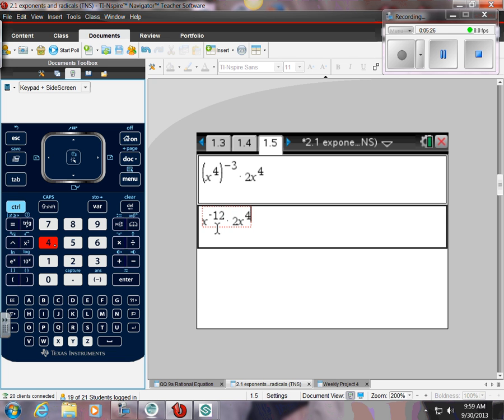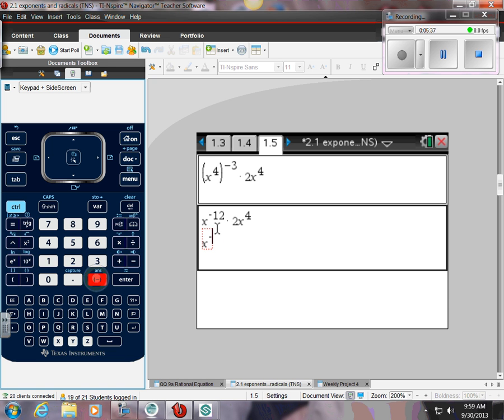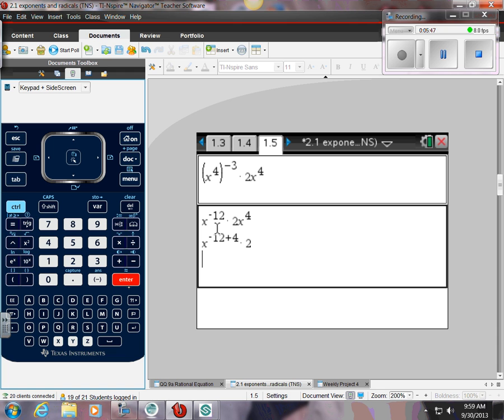Good. Well, let's finish what we have there, and then we'll talk about the negative. So now what can I do? Add those exponents. Yeah, so I get x to the negative 12. There's more than one way to do it, so you didn't do it wrong if you did it the other way, okay? Plus 4. And then we have that left over times 2. You okay with that? All right.